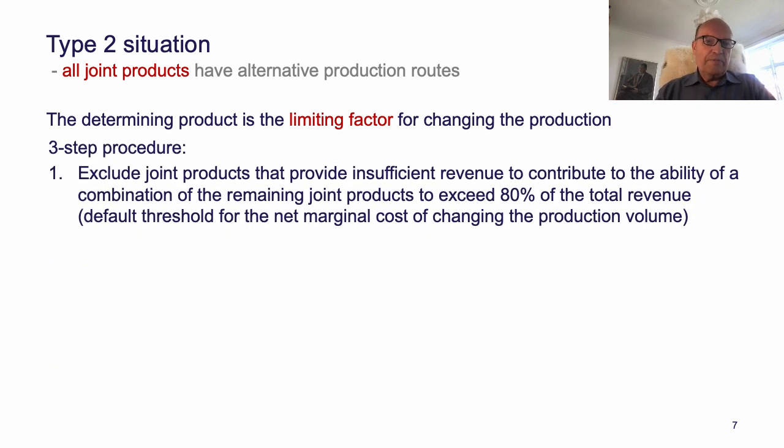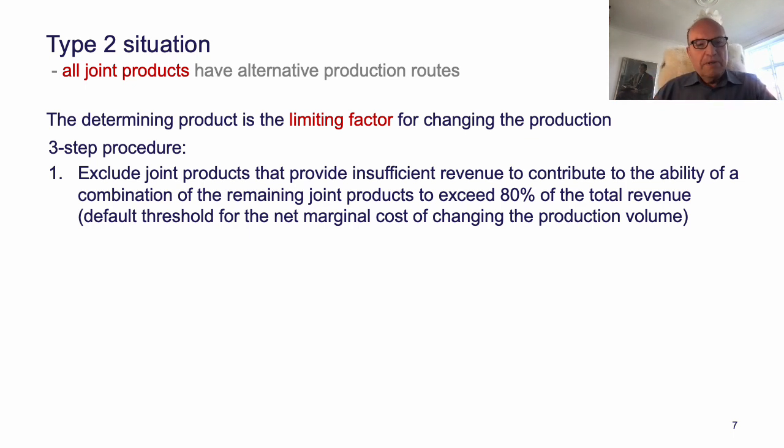The first step of that procedure is to exclude those joint products that provide so little revenue that they cannot contribute to the ability of a combination of the joint products to exceed 80% of the total revenue. Now, this 80% is a default threshold that reflects the net marginal cost of changing the production volume.